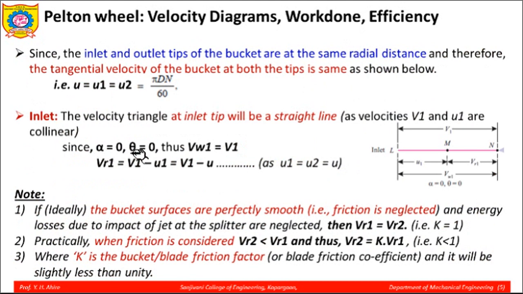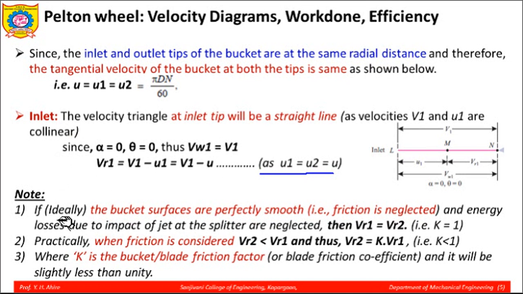Now since alpha equal to 0, theta equal to 0, therefore Vw1 is equal to V1, and VR1, the relative velocity at inlet, can be calculated as V1 minus U1. That is nothing but V1 minus U, as U1 is equal to U2 is equal to U. Peripheral velocities for Pelton wheel are the same at inlet and outlet.